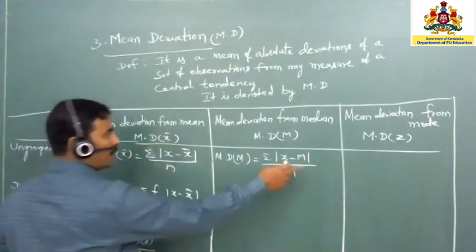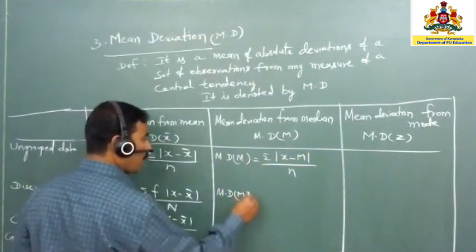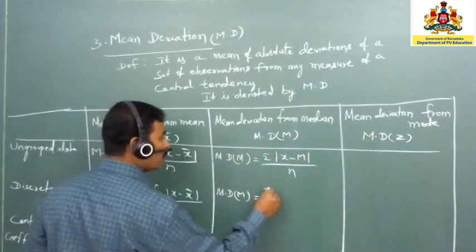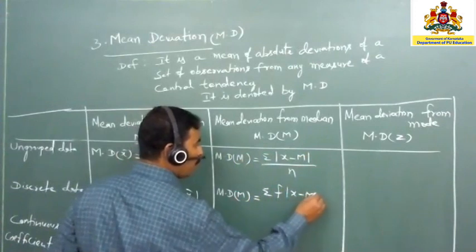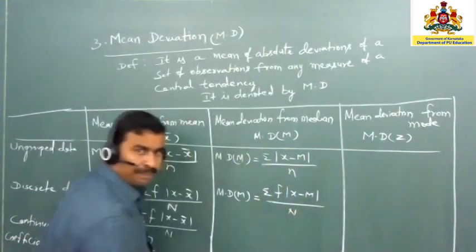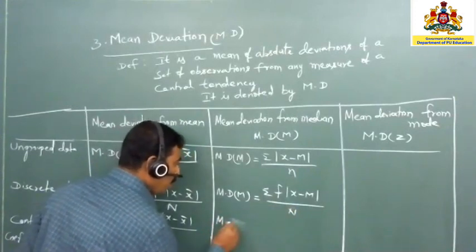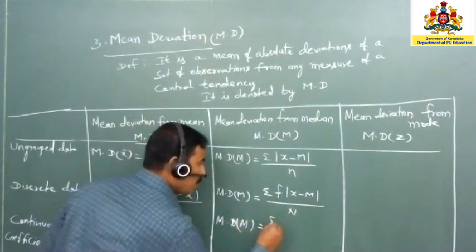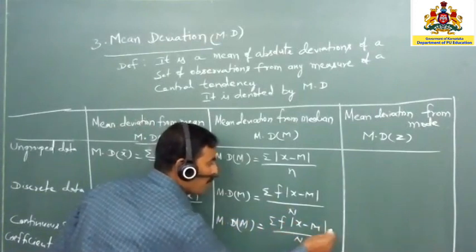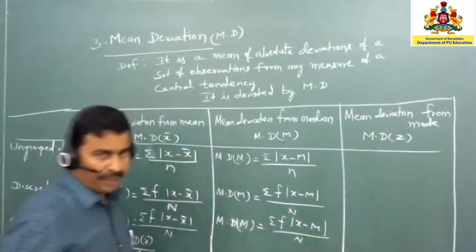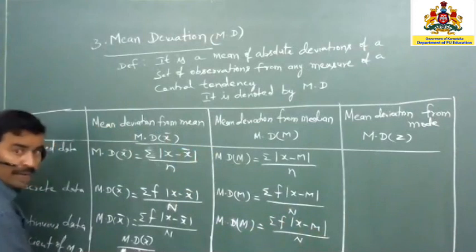Here also same for discrete data: summation f into modulus of x minus M by capital N. For continuous data also the same, f into modulus of x minus M by capital N, here x values are midpoints.